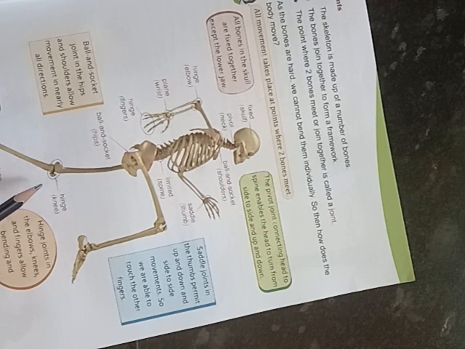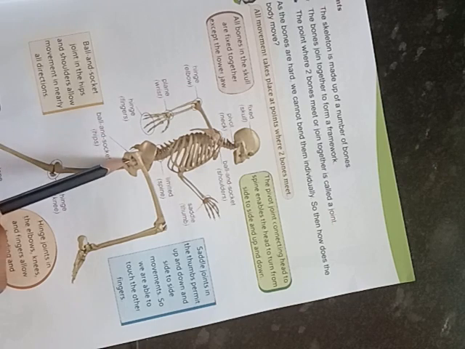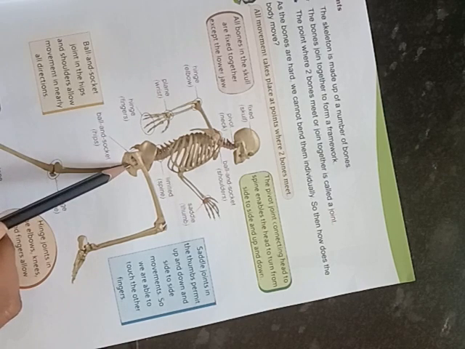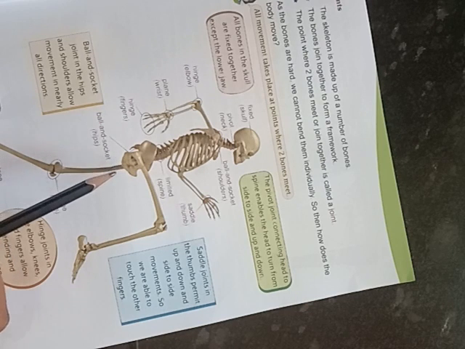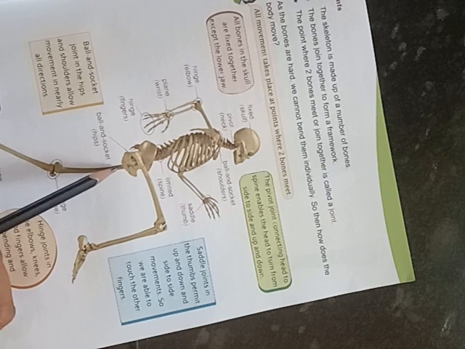The elbows, knees, fingers and toes have hinge joints. Next, the ball and socket joint allows maximum movement as displayed by ballet dancers. One bone that ends in a ball fits into the socket of the other. Hip and shoulder joints are of this type.